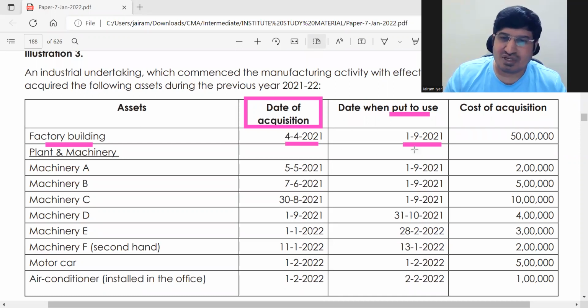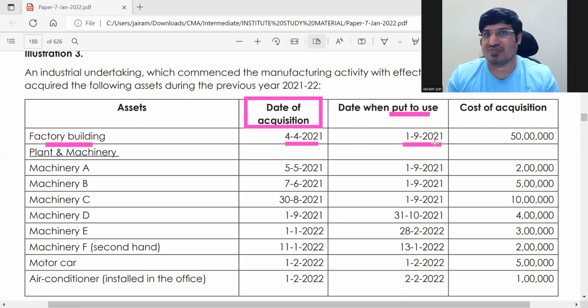So 3rd October, so basically if you have put to use by 3rd October you will get 100% depreciation, because 3rd October to the end of the previous year, that is 31st March 2022, is exactly 180 days, right? And 50% depreciation is for less than 180 days.